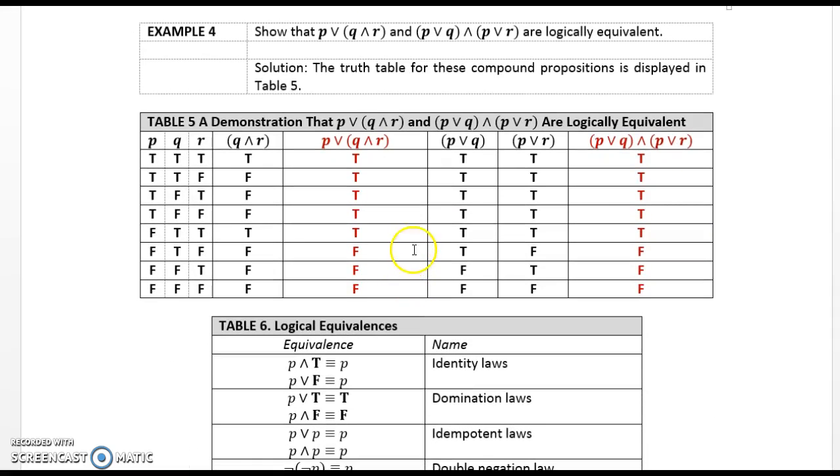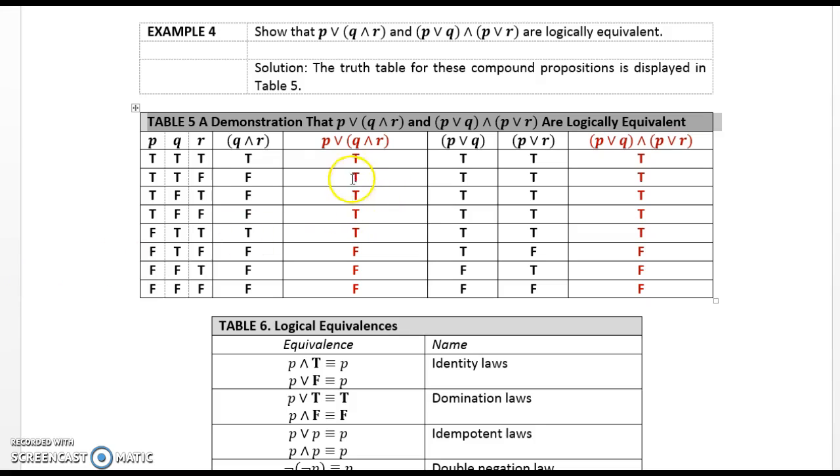Example 4. Show that P or (Q and R) and (P or Q) and (P or R) are logically equivalent. Solution. The truth table for these compound propositions is shown in Table 5. Notice that we have 8 rows plus a title row, plus of course the table description that describes what we are doing.